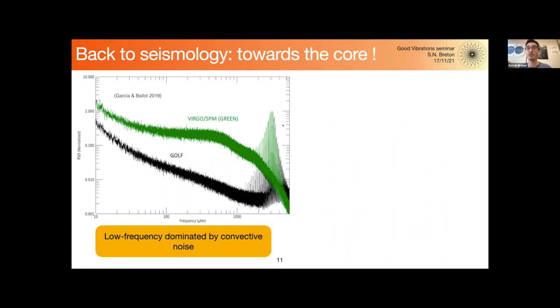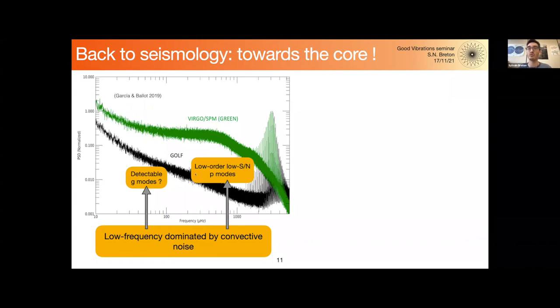Here, you can clearly see the p-mode hump observed by the two instruments, but at lower frequency, you are dominated by convective noise. But what is the interest of going to lower frequency and struggling against this noise to decrease it?